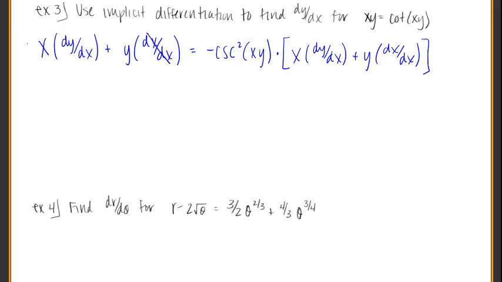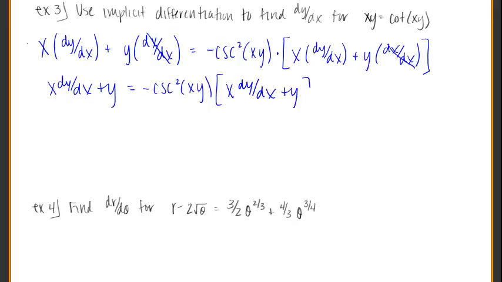Okay, canceling off the dx's, because we're not getting a whole lot from there. So we get x dy/dx plus y is equal to negative cosecant squared xy times (x dy/dx plus y).